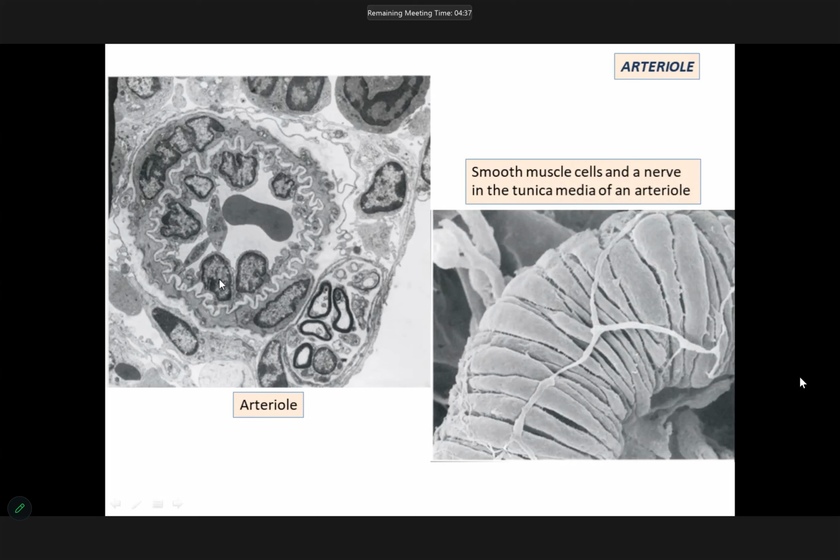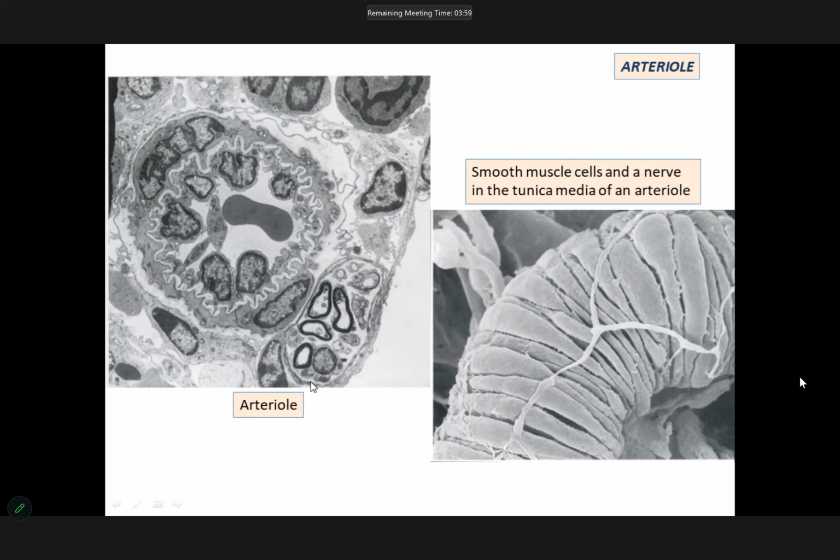Endothelial cells are somewhat bulged into the lumen of the arteriole because of the very well developed internal elastic lamina and smooth muscle cells. So the same for this picture. Why is this the arteriole? Because of the well-developed internal elastic lamina and smooth muscle cells that contract and thus push this internal elastic lamina, which in turn pushes the endothelium.